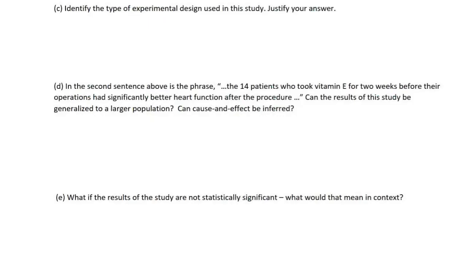What's the only thing they told us about the design? People were randomly assigned. Were they split into groups before they were randomly assigned? Were they matched up with other similar patients before they were assigned? So then this would be a completely randomized design. To the best of our knowledge, this is a completely randomized design.